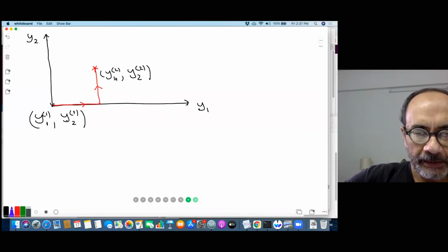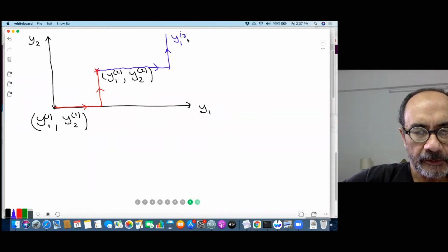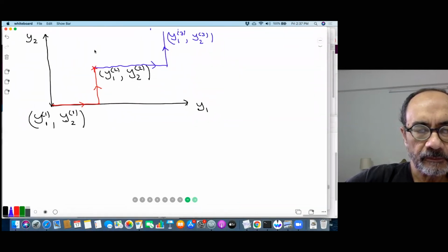So now this one moves first to 3 and then this one. So let's call this Y13, Y23. And finally, we have to come back to this point.